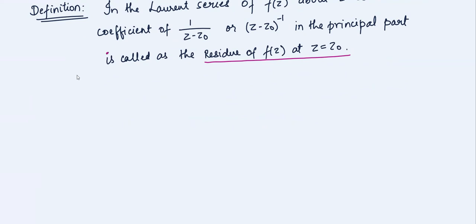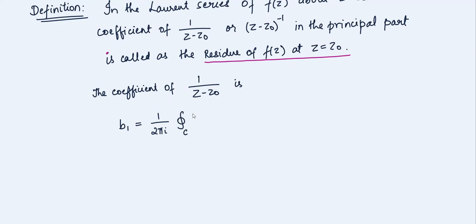So the coefficient of 1 by z minus z naught is b1, which is 1 over 2 pi i times the closed integral of f of z.